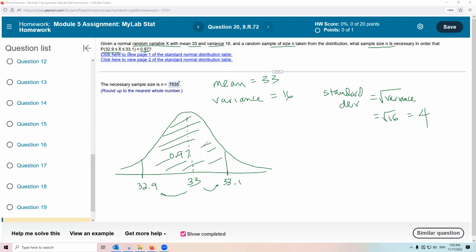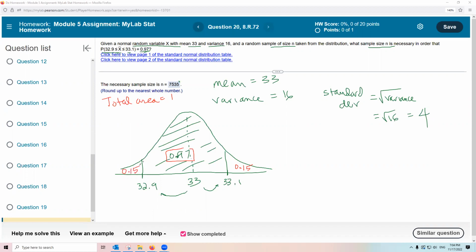Well, if I know that area is 0.97, that leaves a remaining area of 0.03 to split among the two tails. Remember, the total area under this normal curve is always equal to 1. So if 0.97 is in the center portion, it must mean the other 0.03 is split. So 0.015 is here and 0.015 is here.